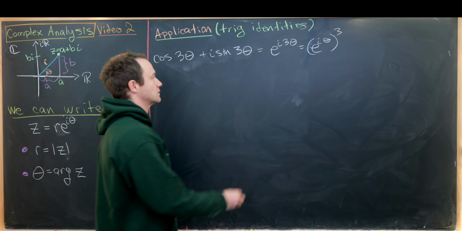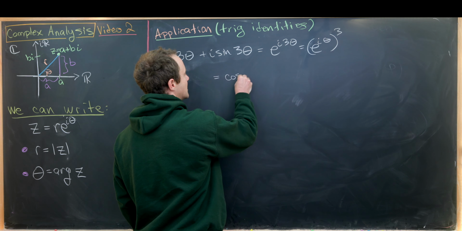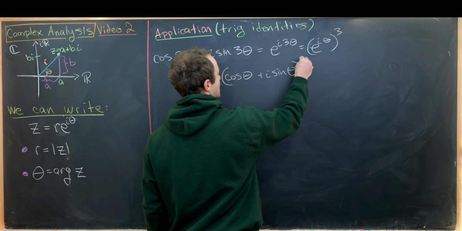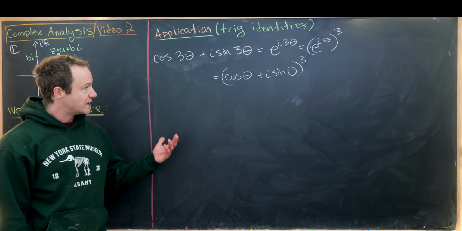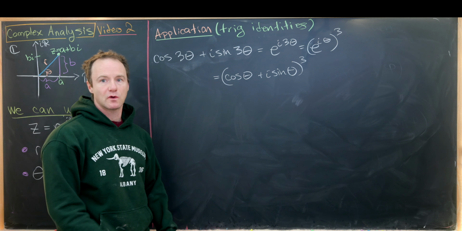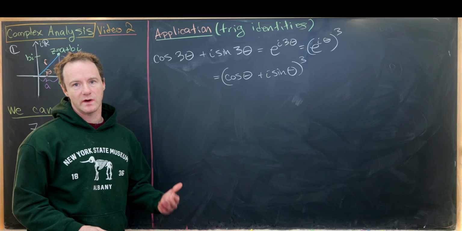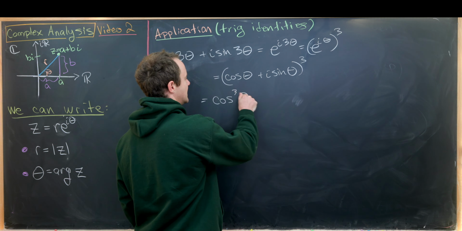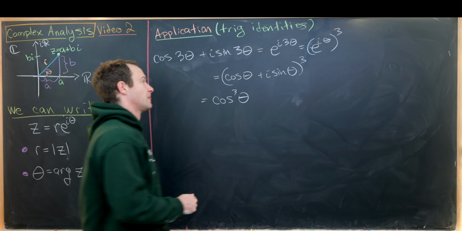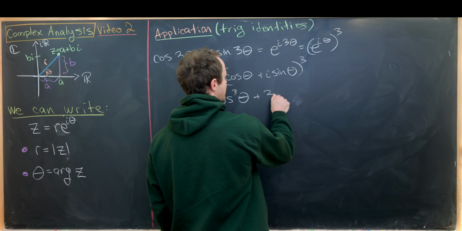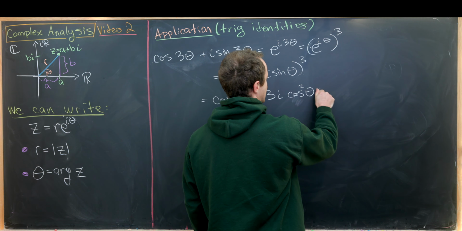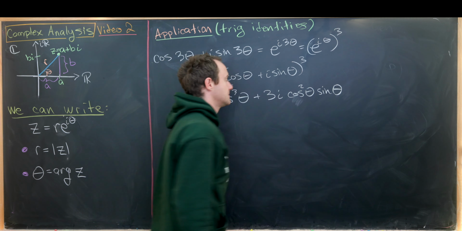Again, using exponent rules, that's exactly cos theta plus i sine theta, quantity cubed. Now we can use binomial expansion, or maybe just multiply this out long ways if you want to. And what we'll end up with is cosine cubed theta, plus 3 times i cosine squared theta times sine theta.